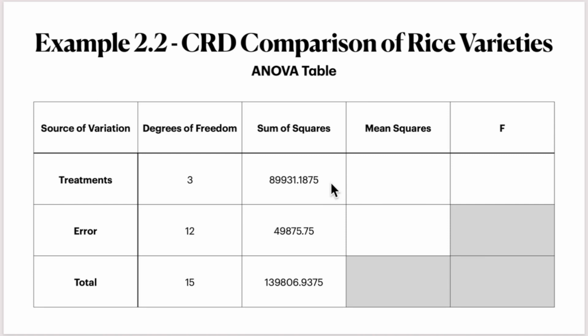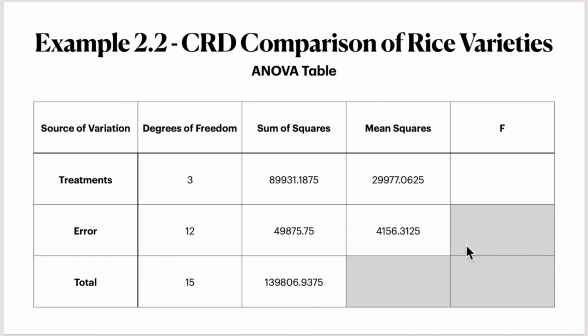We really don't even have to remember how to do it because of the structure of the table. It reminds us to get the mean squared for treatments, we divide the sum of squares for treatments by 3, its degrees of freedom. And we also divide to get the mean squared error, we divide the sum of squares error by its degrees of freedom, or 12.